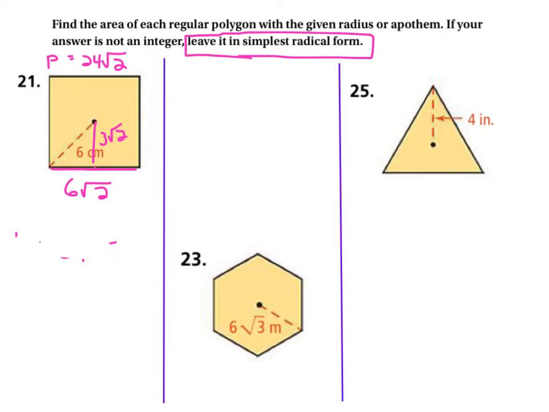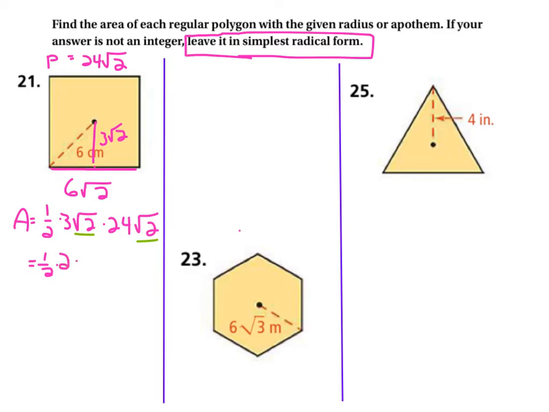So if we do the formula for the area of a polygon, area is equal to 1/2 the apothem length, which is 3 root 2, times the perimeter, which is 24 root 2. And if you know about radicals, you will know that root 2 times root 2 is 2.